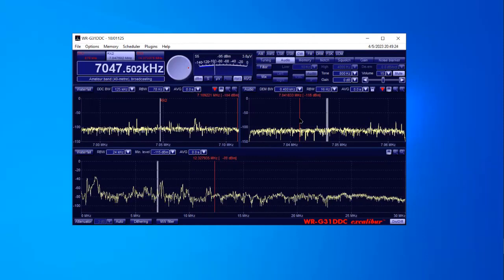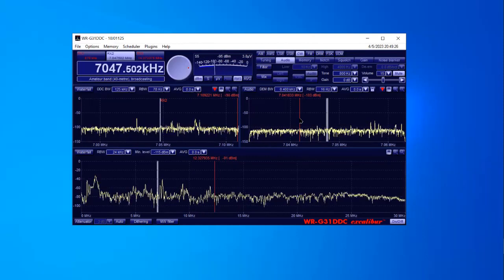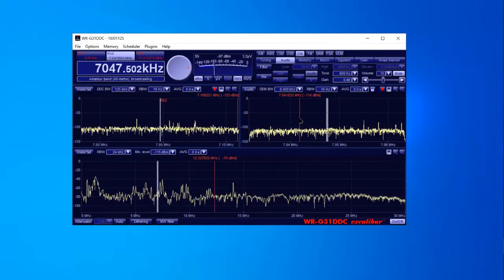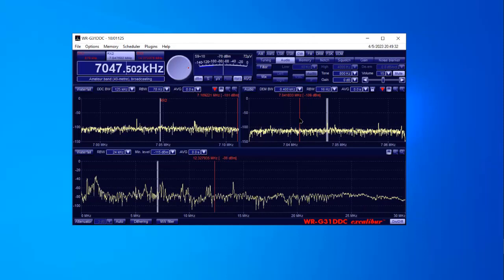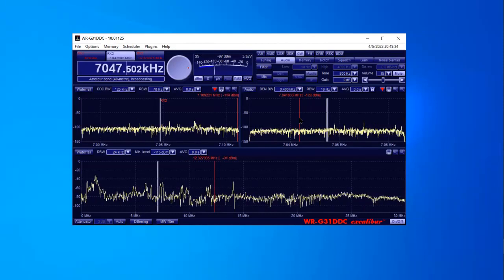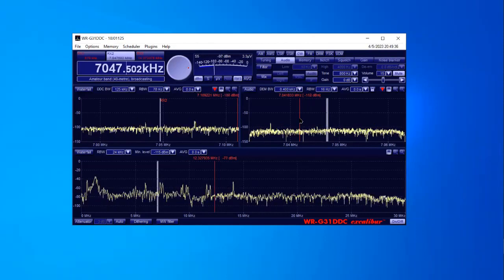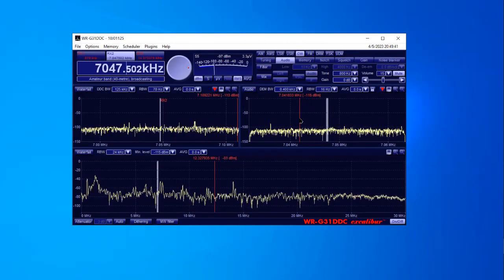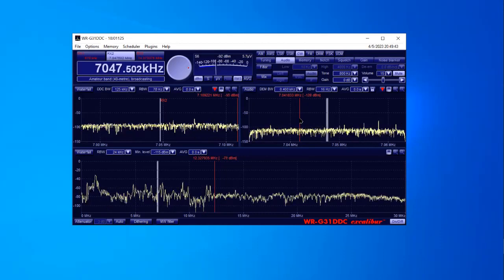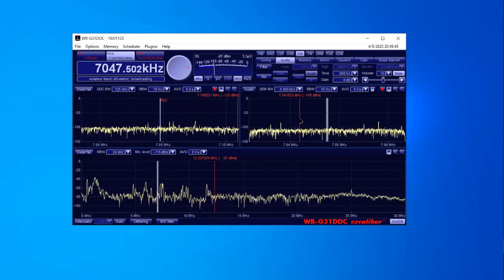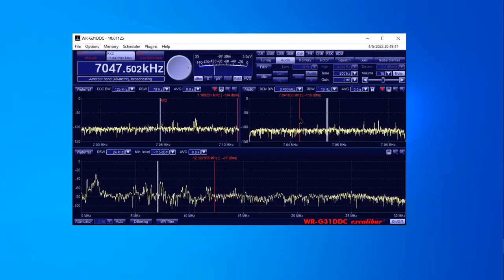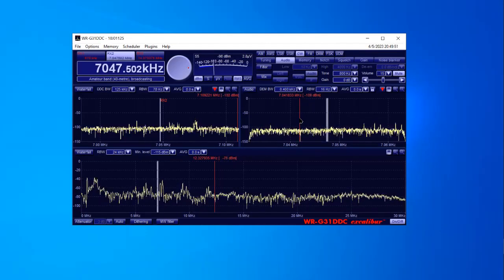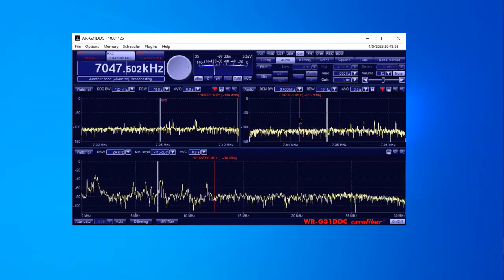If you drive your radio too hard, with your mic gain or compression set too high, it's like you're screaming into the microphone. That signal is distorted enough that your software won't decode it, and you won't know that because it just won't show up on your screen. It can't take that information and put it into a form that you'll recognize. Now, you can forget all of that.